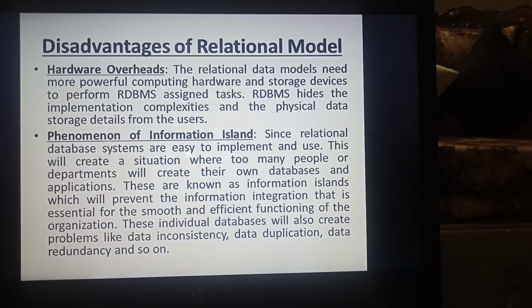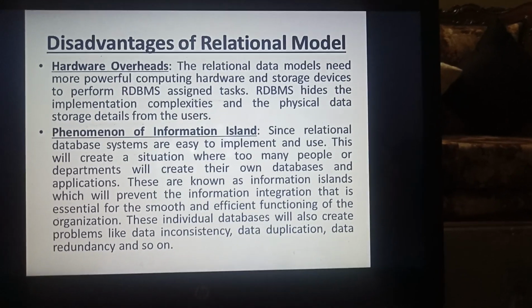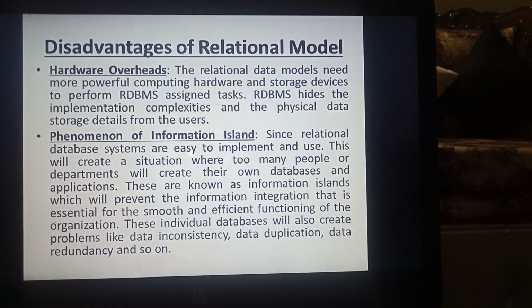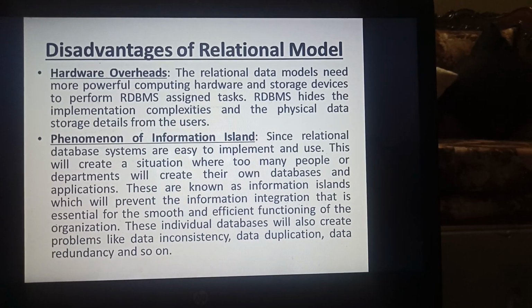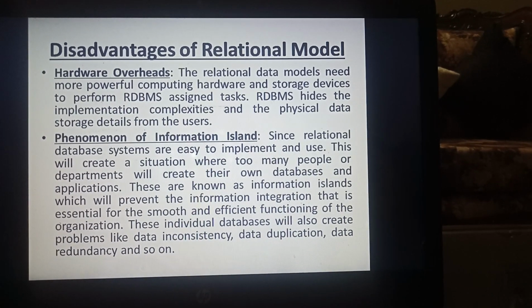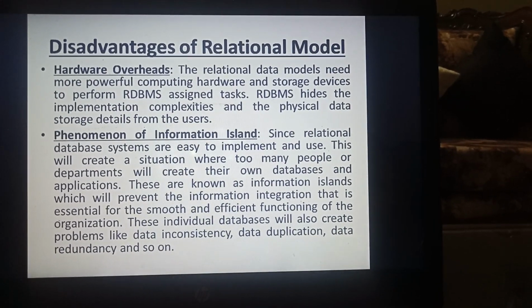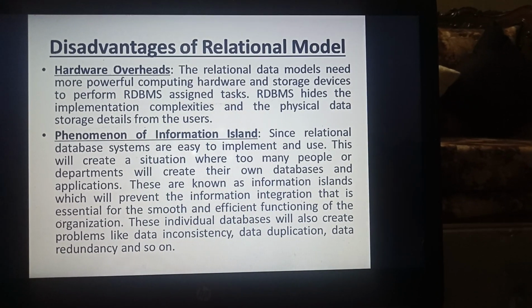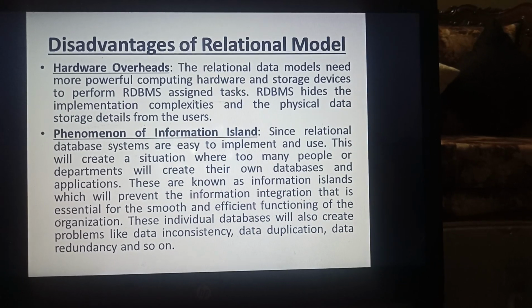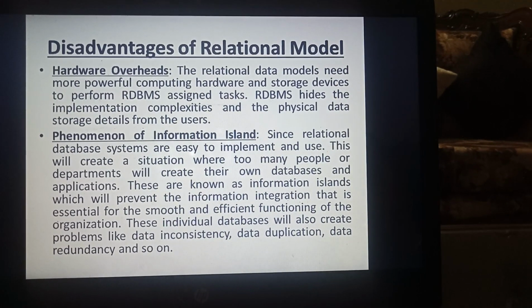So these are known as information islands, which will prevent the information integration that is essential for the smooth and efficient functioning of the organization. And these individual databases can hinder the functioning of the organization.